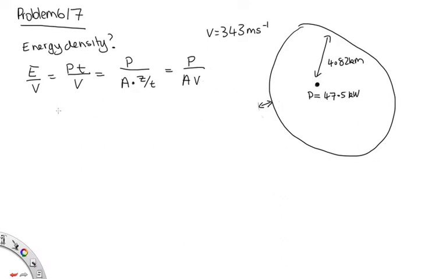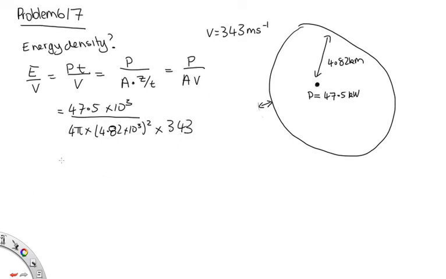Okay, so now all we need to do is substitute in the power. We're told it is 47.5 times 10 to the 3 watts. The surface area, this is a sphere, so it's 4 pi times r squared, so that's 4.82 times 10 to the 3 squared, and then times the velocity, which is 343.